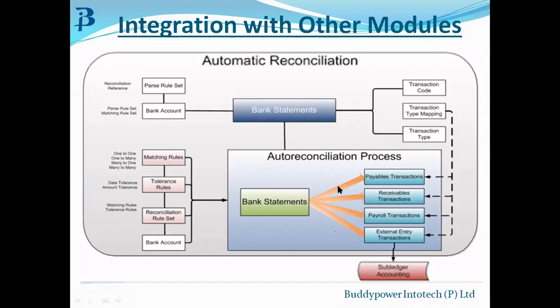But in certain situations now, with the new release, you can load information straight into your GL, and then reconcile that information against a bank statement. Earlier, they used to reconcile in each of these modules. Now, in certain scenarios, you can directly post those journals into your general ledger and do the reconciliation in the general ledger.